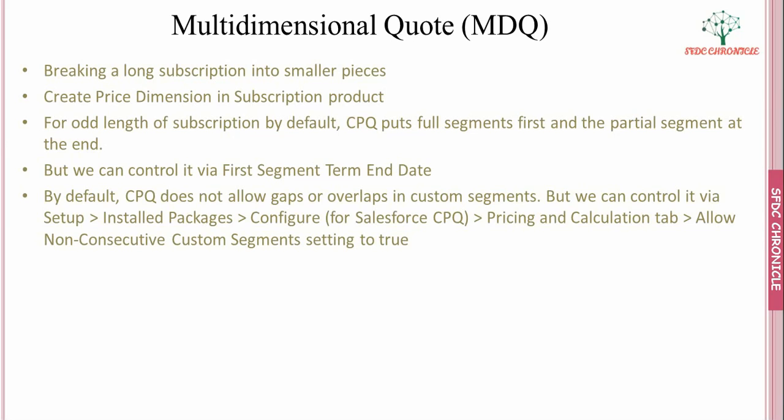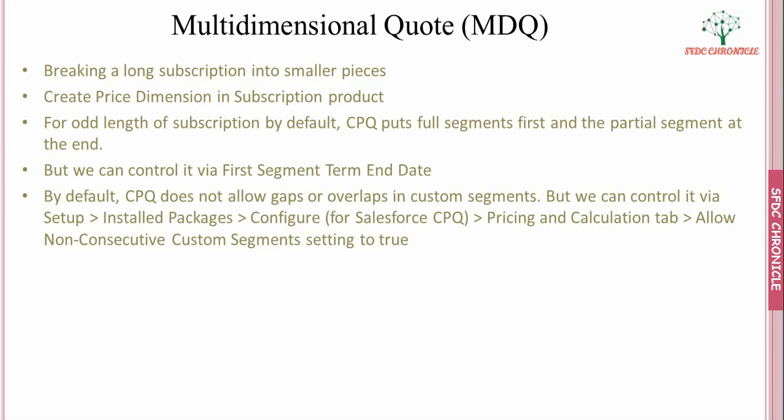But in this case, per year you are able to see what my start date is, what my end date is, whether I am able to give any discount or not, and what my price will be for that particular month. So it will break the long subscription into smaller pieces, and you have a top view on each year, how it is going to be affected.